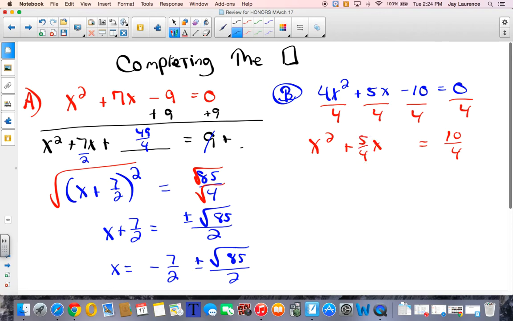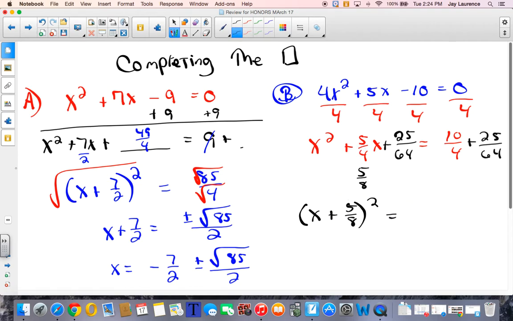Now I need half of that, which would be, what, 5/8? And then squared would be 25/64. So that'd be 25/64 being added to both sides. So this is now a perfect square trinomial, and it'll factor as x plus 5/8 squared. Had this plus been negative, this would be a negative.